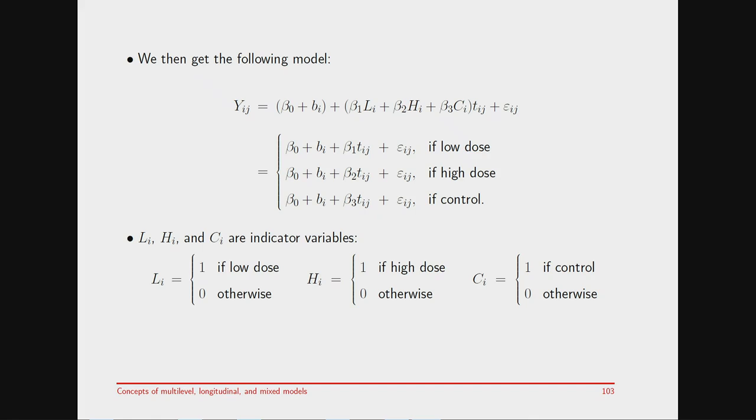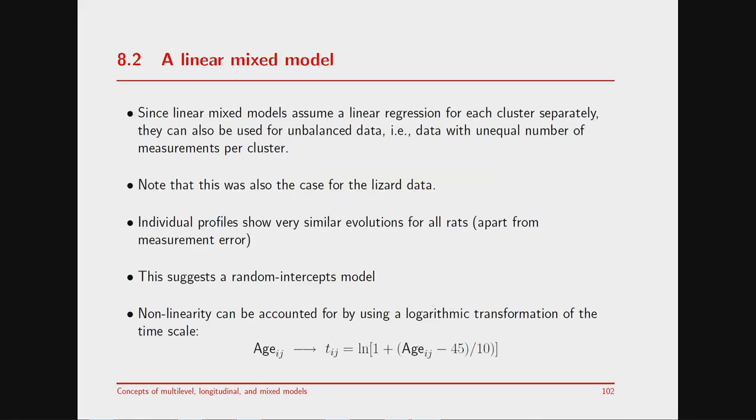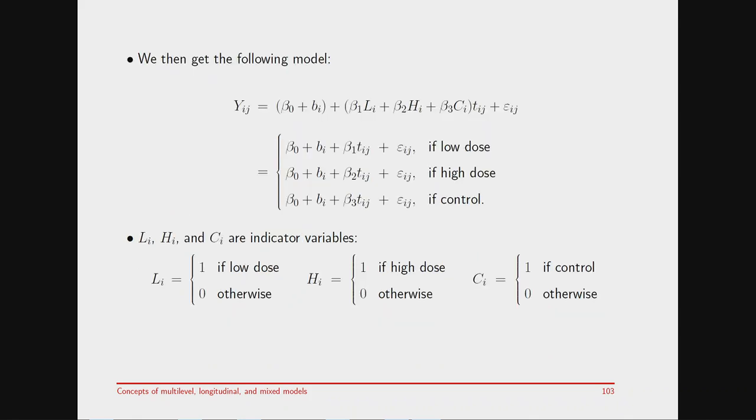Well, that has to do with our transformation. Remember, I just said this particular transformation means that t equal to 0 corresponds to h equal to 45. So my intercept here, the average intercept in a particular group, corresponds to the average outcome at age 45.